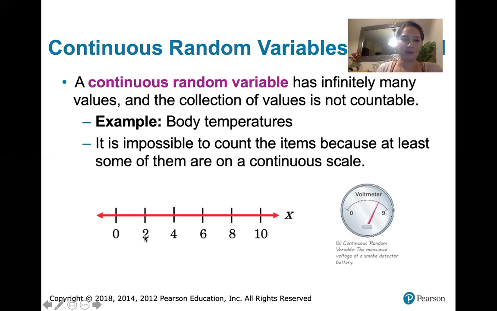That's what we mean when we talk about a range of values. Continuous random variables extend over a range of values, like the values on the real line or the values on some subinterval of the real line. Here's an example of a continuous random variable: measuring voltage in a smoke detector battery, or in any battery. Voltage extends over a range.